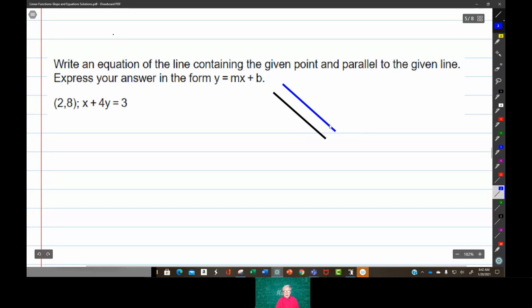Yeah, those lines are parallel. Okay, real fast. Parallel lines have the same slope. Very important.